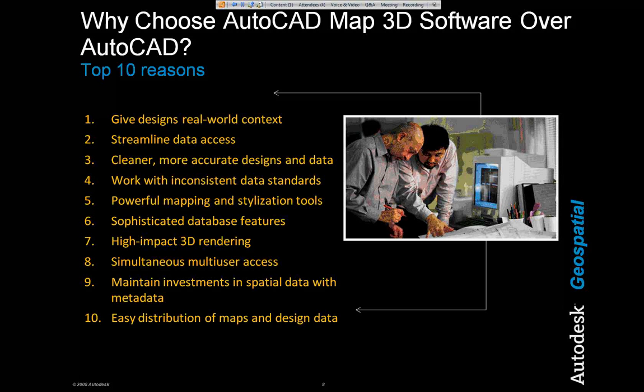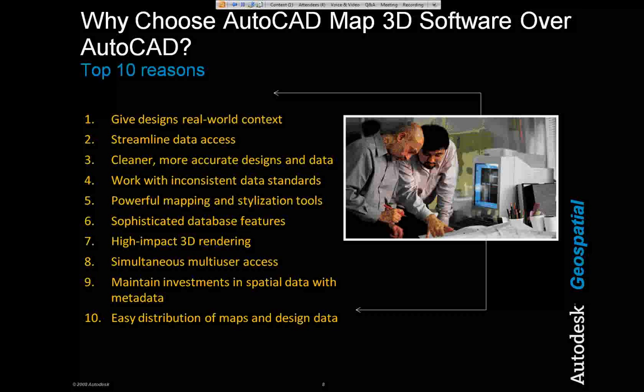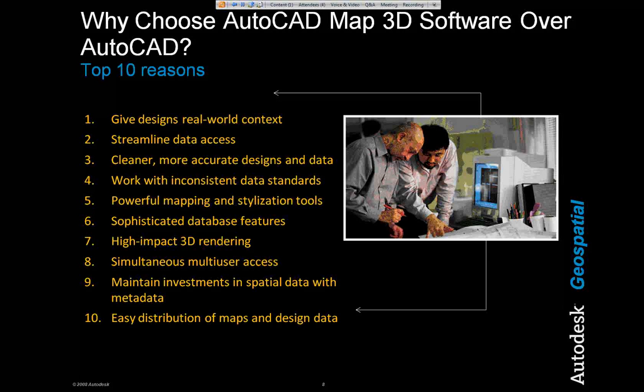Powerful mapping and stylization. You'll see that when we start to use the FDO tools to access other sources of data, you can then use the stylization tools through Map 3D to build out very nice thematic maps or stylize things in a certain way so that they accentuate one part of the data or another.